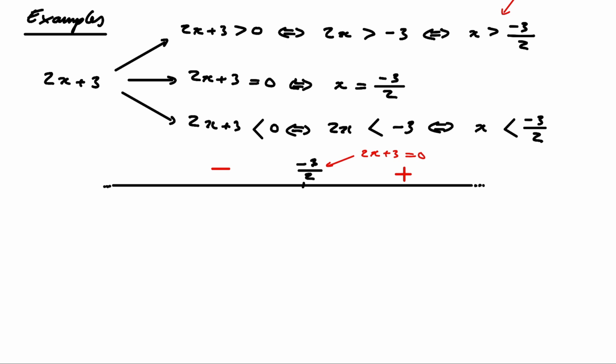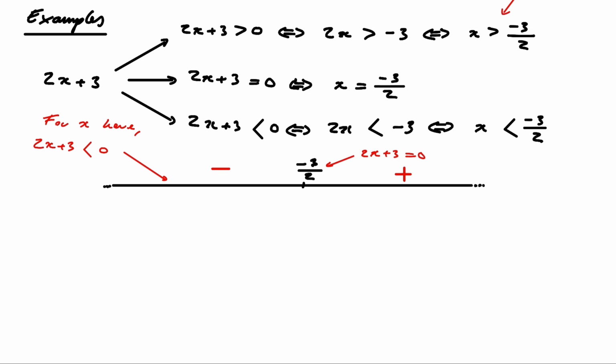To hammer home this point, for x here, the expression 2x plus 3 is negative. That's what this minus sitting above it is shorthand for. The other side is positive.